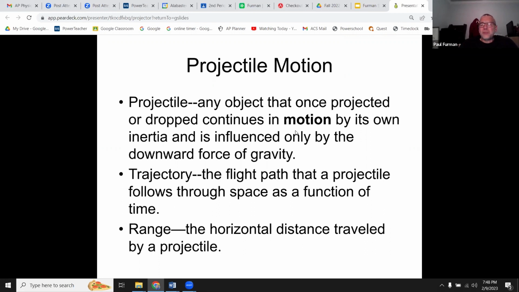You have one arrow pointing straight down towards the center of the earth, and that is the gravitational force. And if the force is pulling it down, that means it's accelerating down. So an object in projectile motion is accelerating vertically, and it's always accelerating down.